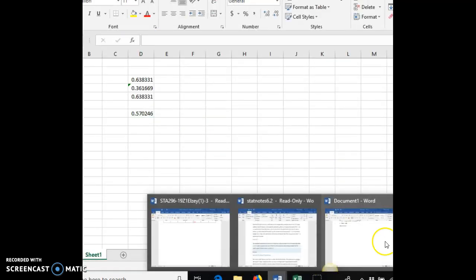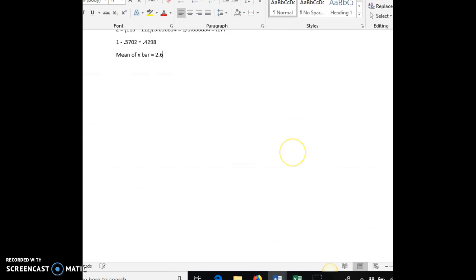And then the standard deviation of x bar is equal to our population standard deviation of 0.5 divided by the square root of 100. So if we put that into our calculator, that's going to give us 0.05.